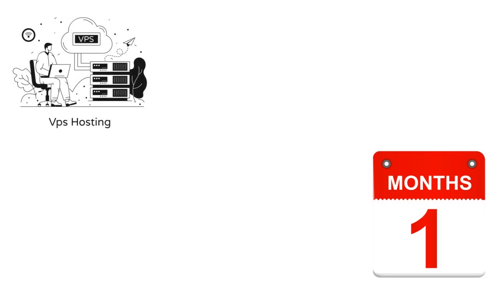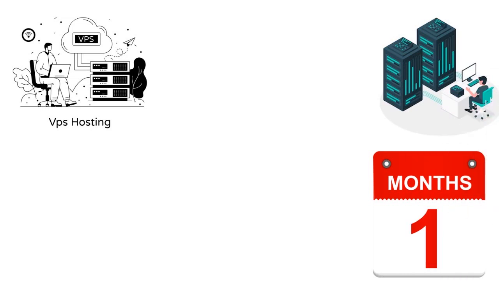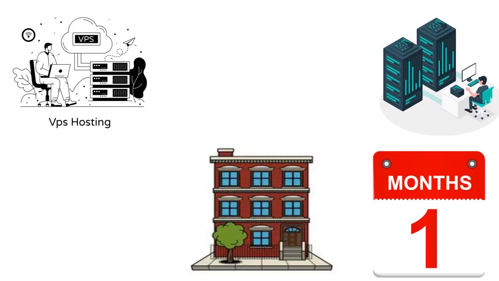VPS hosting is similar to shared hosting in that multiple sites share the same server, but the similarities end there. Let me give you a housing metaphor here. VPS hosting is like renting your own apartment in a larger building, so you're much more isolated than the roommate situation that I just mentioned earlier.